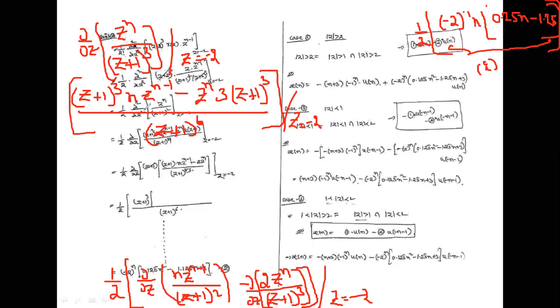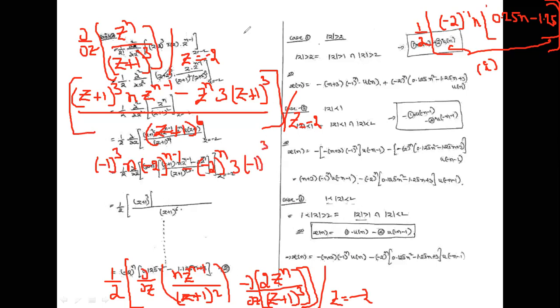Now I am substituting z equal to minus 2 in this equation. Minus 2 plus 1 is minus 1, whole cube. n into (minus 2) whole power n minus 1, minus (minus 2) whole power n, 3 into (minus 2 plus 1) whole square, that is minus 1 whole square.